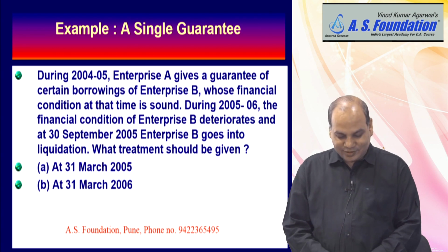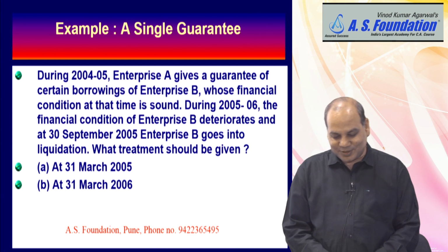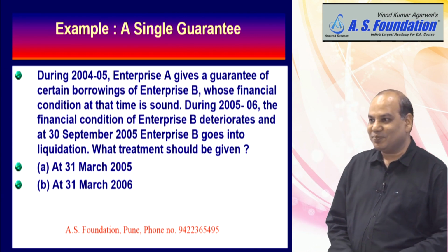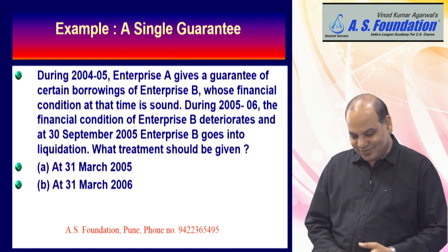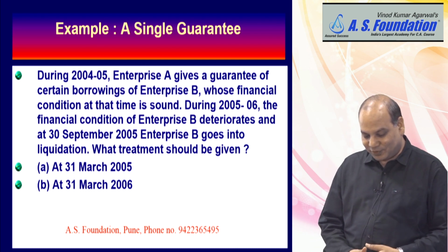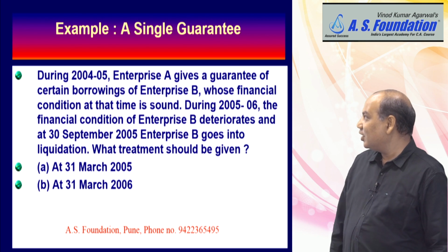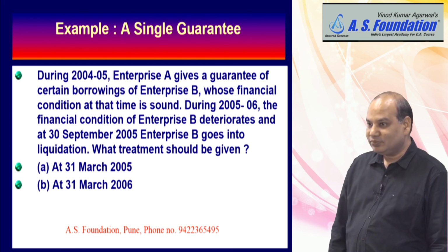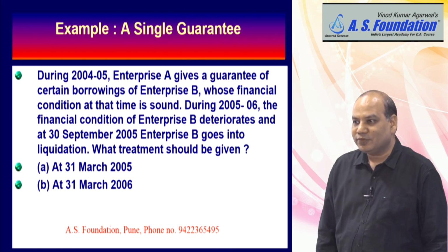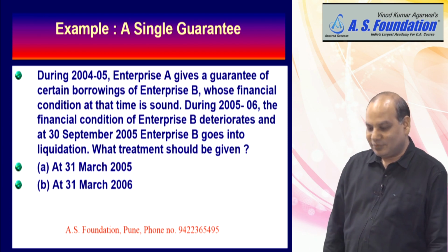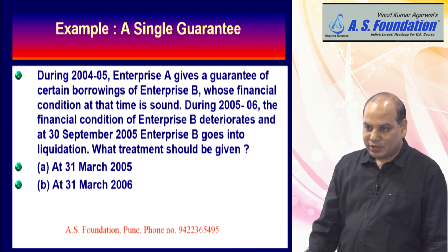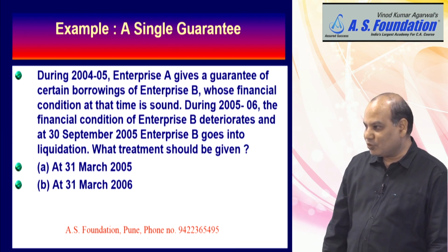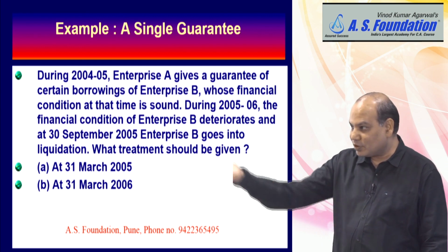And on 30th September 2005, Enterprise B goes into liquidation. What treatment should be given in the books of A? A has given guarantee on behalf of B. B has gone into liquidation. So first year, 31st March 5, what will be the disclosure, and 31st March 6, what is the disclosure?